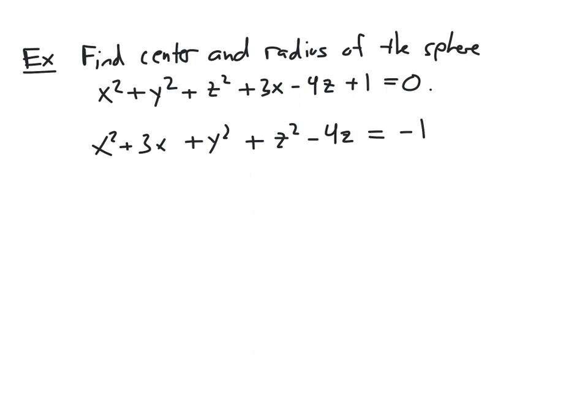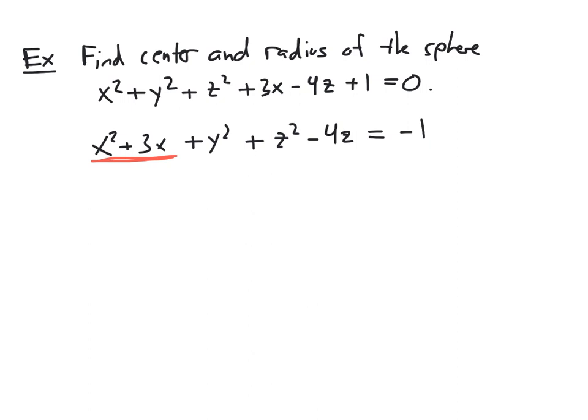And now, if I look at just the x terms, here I have x squared plus 3x, right? And I want something like (x minus h) squared. I want to get a perfect square out of this. Well, when I have something that's not a perfect square, like in this case, but I want to make it a perfect square, we have an algebraic technique to do that. It's called quite literally completing the square.